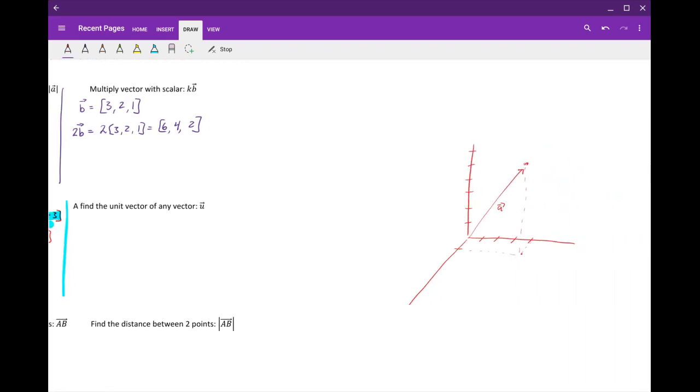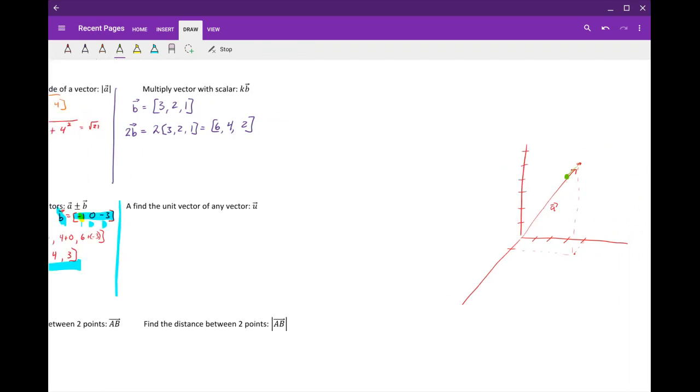So 1 in the x direction for B would be just another 1 out like this. 0 in the y direction and 3 down. So 1, 2, 3, which would be maybe half of this thing. And now that would be vector B.